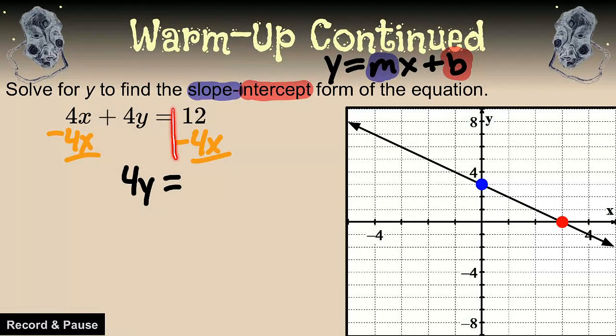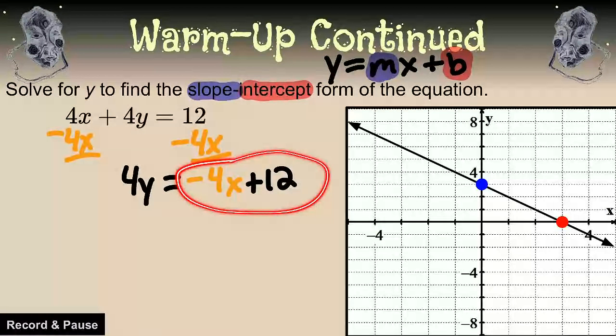And when we subtract 4x from 12, well, those cannot be combined together. So they have to remain as separate components in our equation. And I'm going to write the negative 4x first because that's closer to the slope-intercept form of the equation.